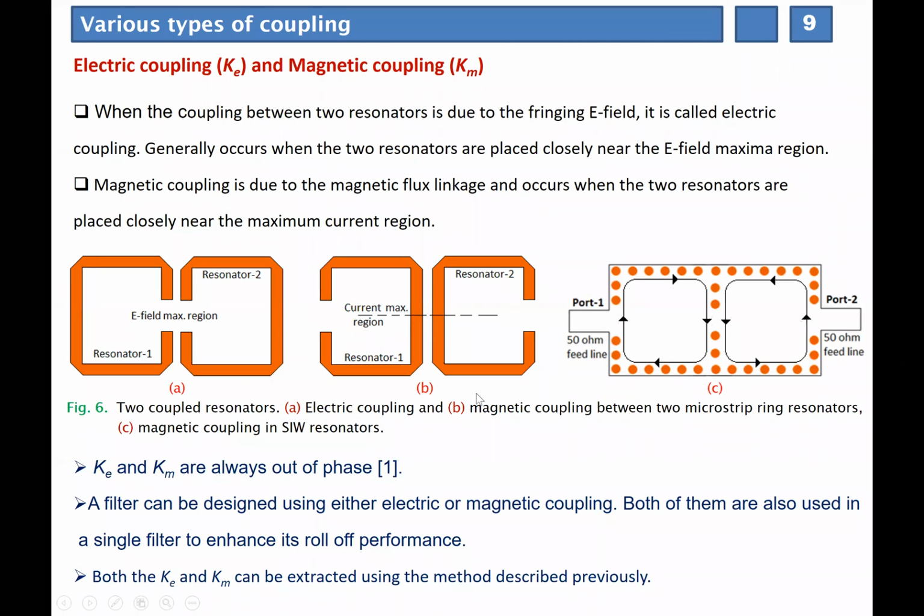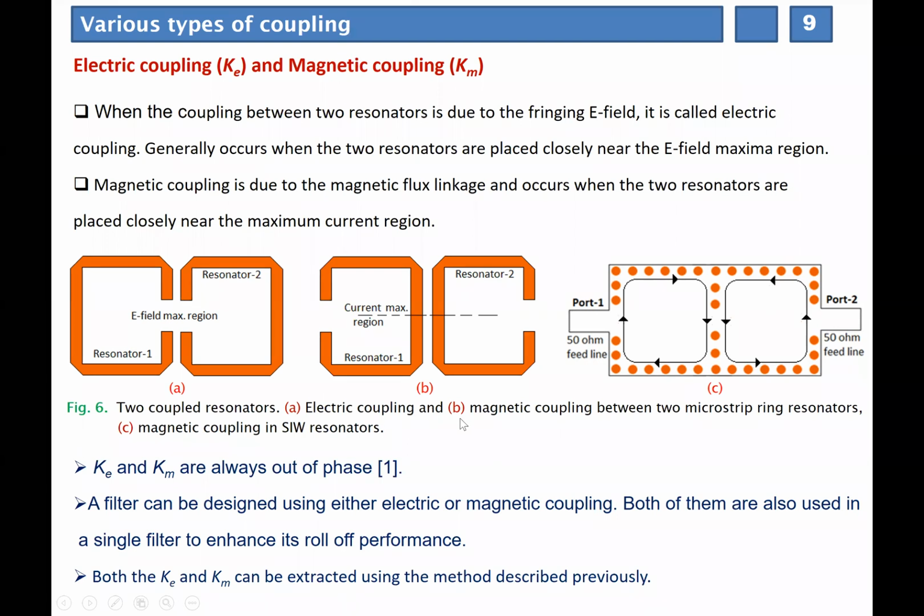What is the difference between these two structures? The total length of this type of ring resonator is lambda by 2. At the open ends, the electric field has its maximum value, so energy coupling between the two resonators will be mostly due to the fringing electric fields.